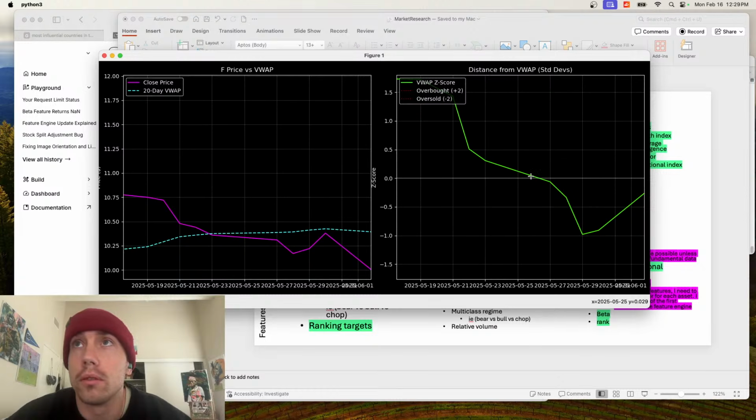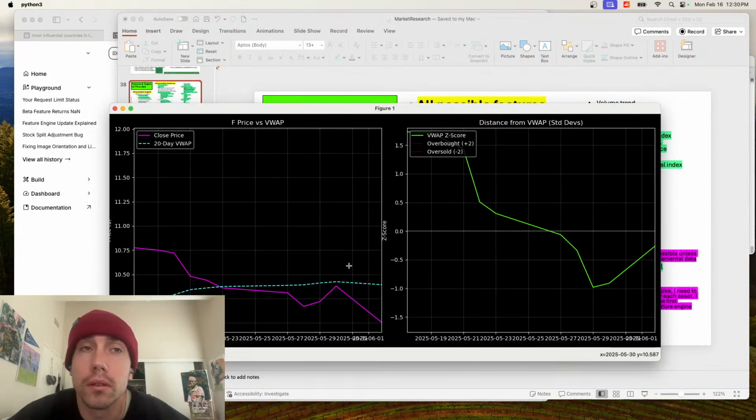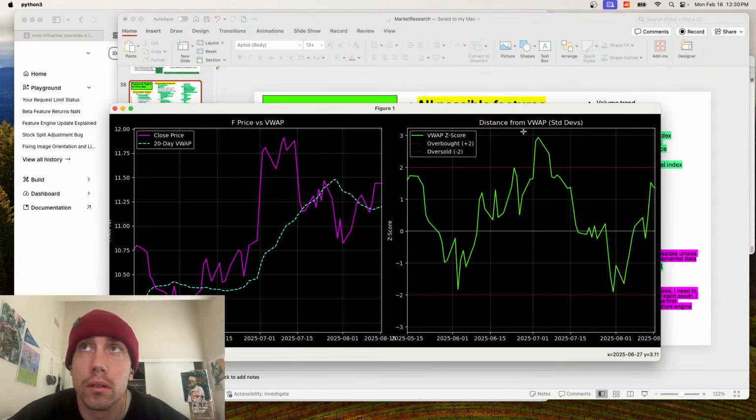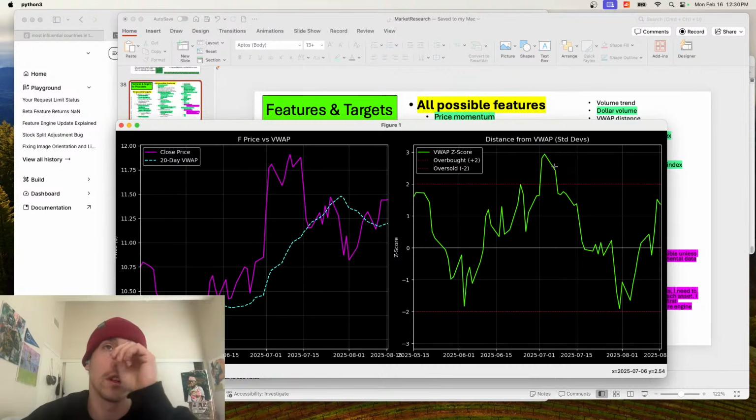So 523 is when it falls below. 523, it should be the previous day it's still above. 527 is when it falls below. VWAP distance, so that should just be the number of standard deviations.